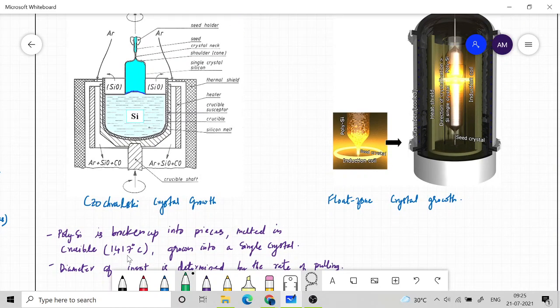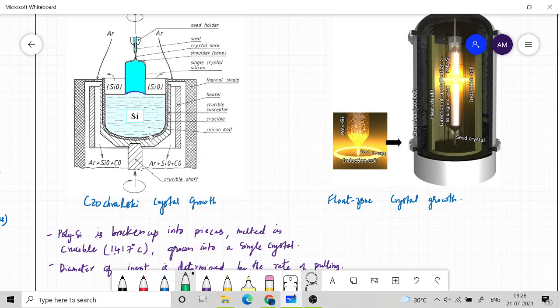So the crucible that we take is basically made up of silica material. Now silica has a boiling point, I think, near 2000, so it will not melt, but still a few atoms. So silica is basically quartz material, so it is SiO2.